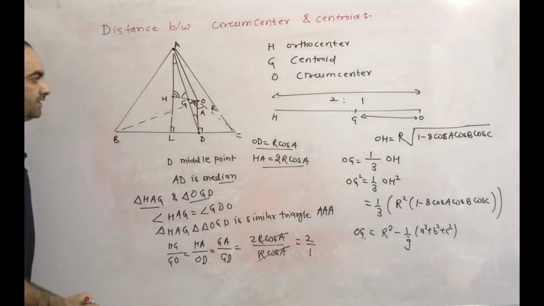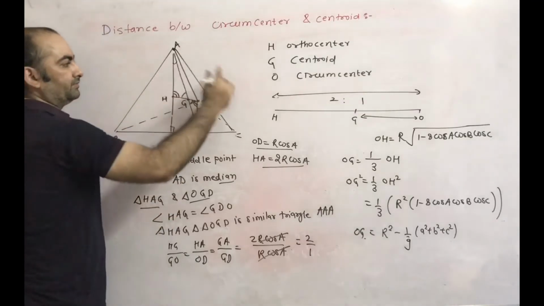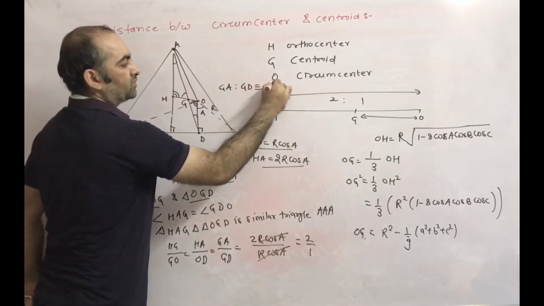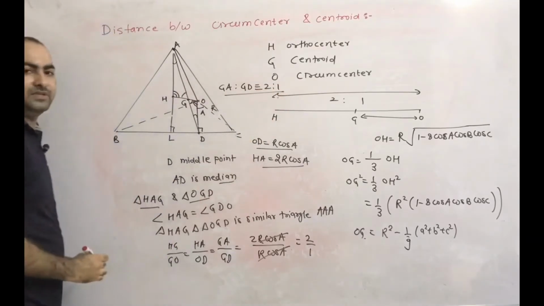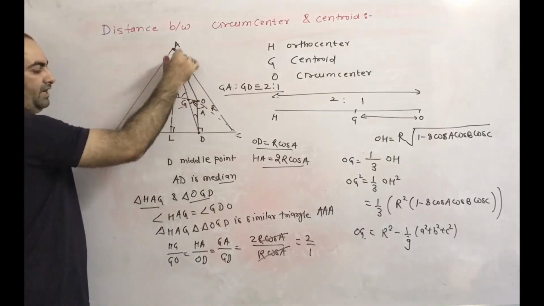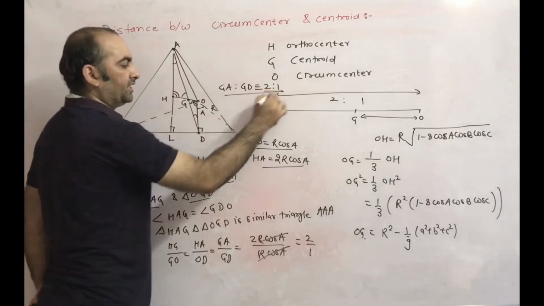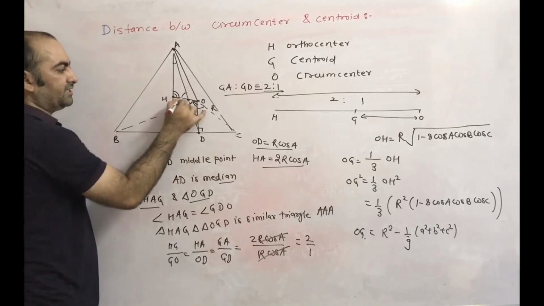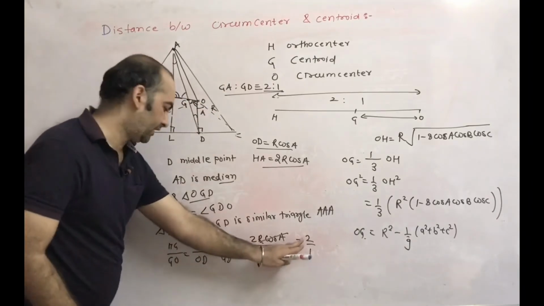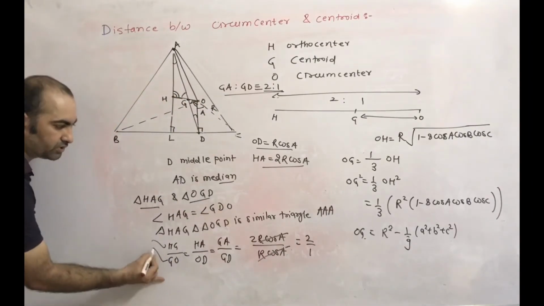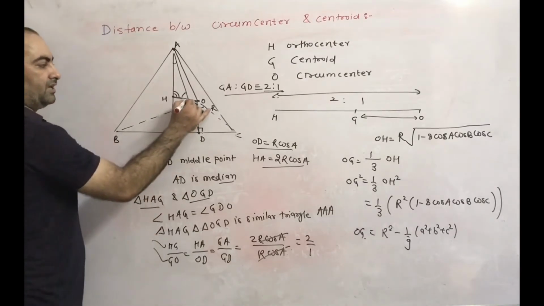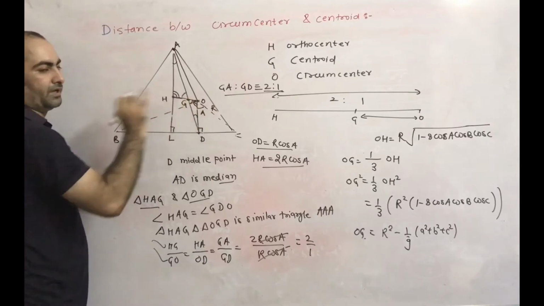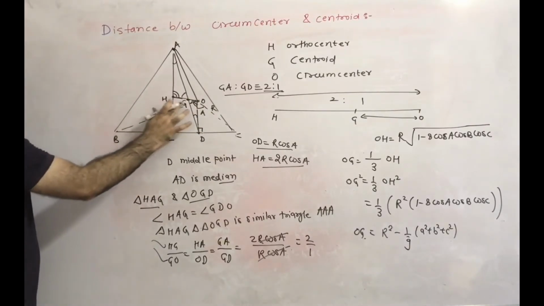That means GA to GD is 2:1, so G divides the line AD in the ratio 2:1. That means G is the centroid. And HG to GO is also 2:1. That means the centroid divides the line joining H and O in the ratio 2:1, where H is the orthocenter and O is the circumcenter.